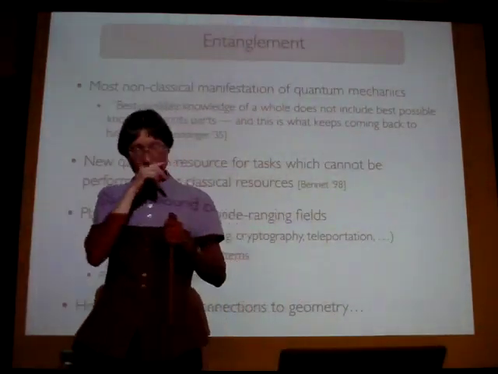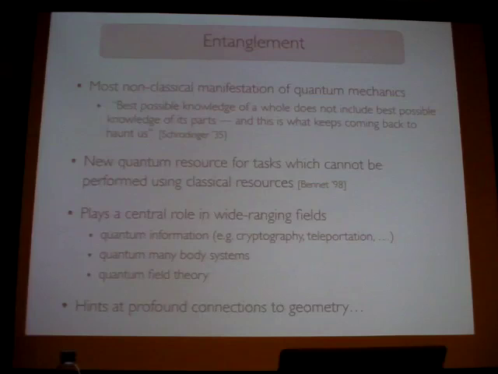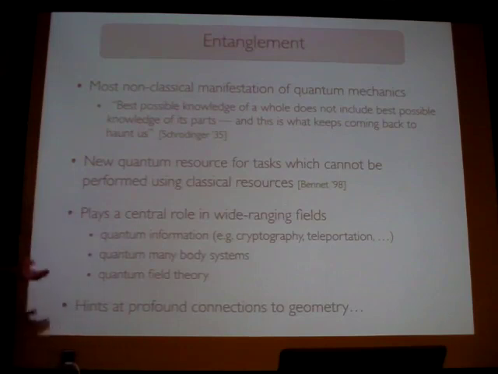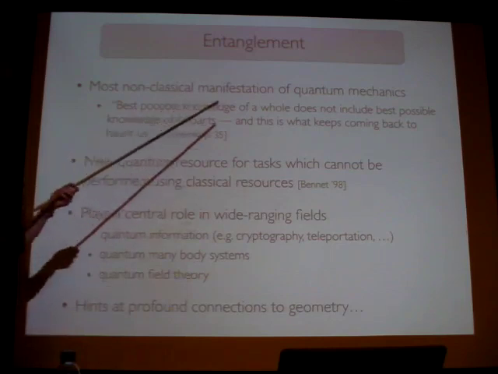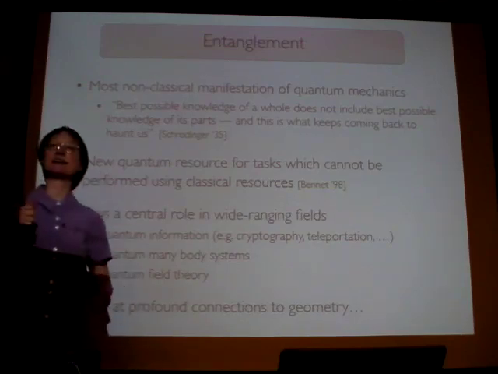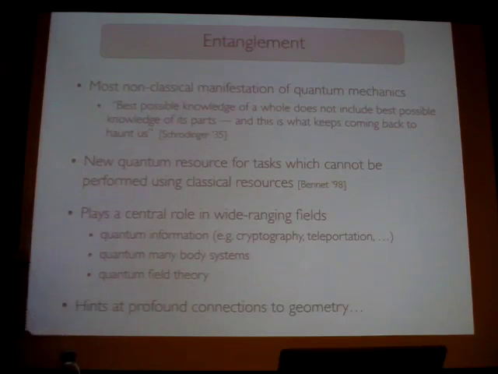Just to tell you a bit about it, entanglement is not only a crucial feature of any quantum system, but it's perhaps the most non-classical manifestation of quantum mechanics. Mathematically, entanglement is present when the composite state of a quantum system cannot be described as a product of the states of the individual subsystems, which has been conceptually quite a confusing thing for people.